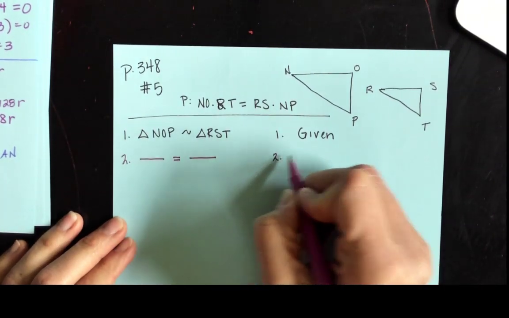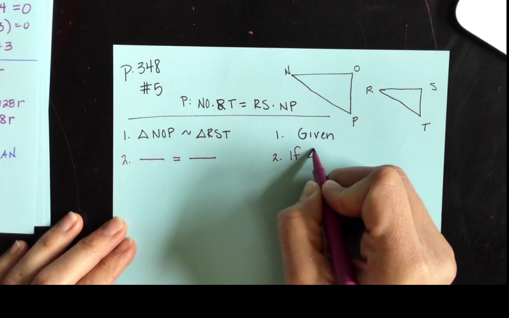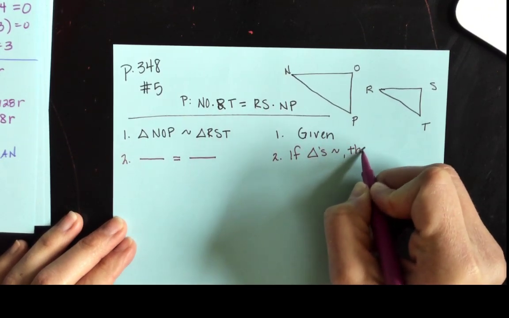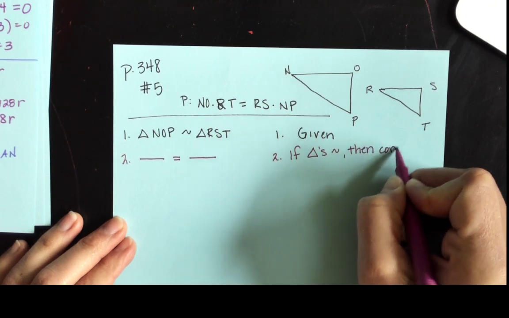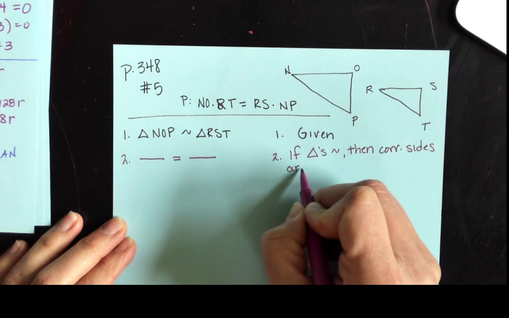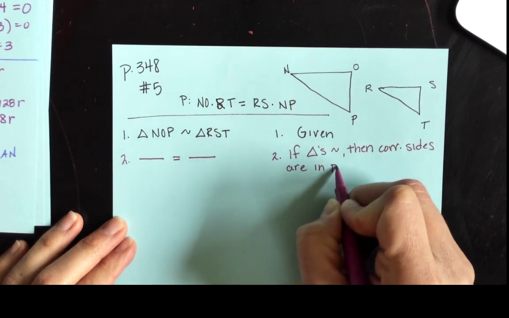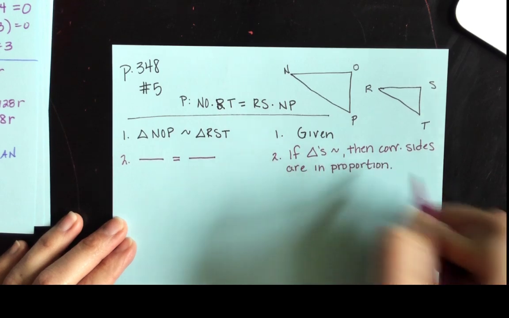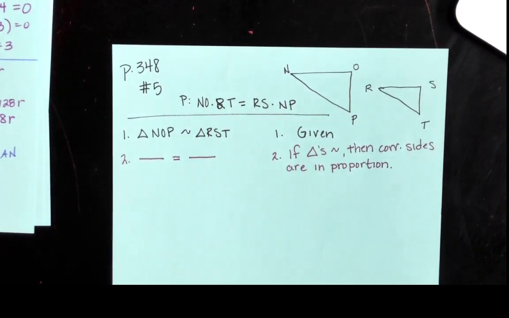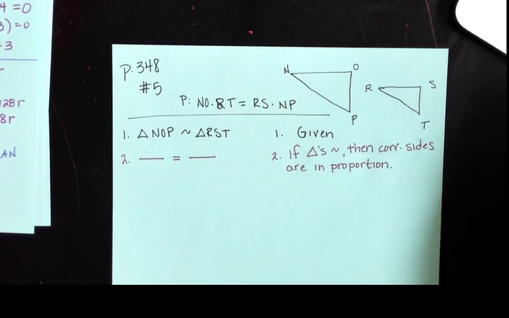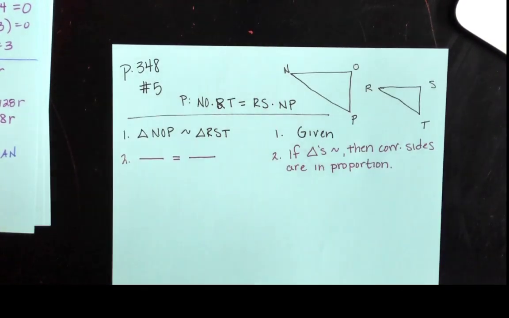And I can already say if triangles are similar, then corresponding sides are in proportion. So I know this is kind of like that, again, CPCTC for similar triangles. I know that that's what's supposed to happen.